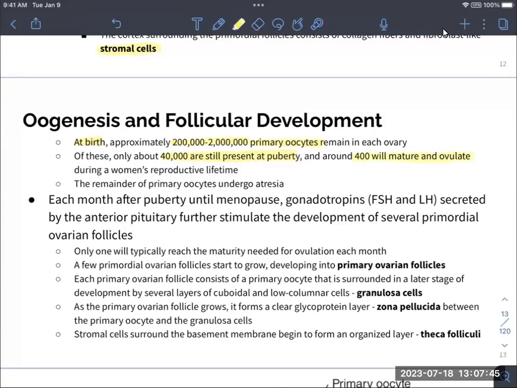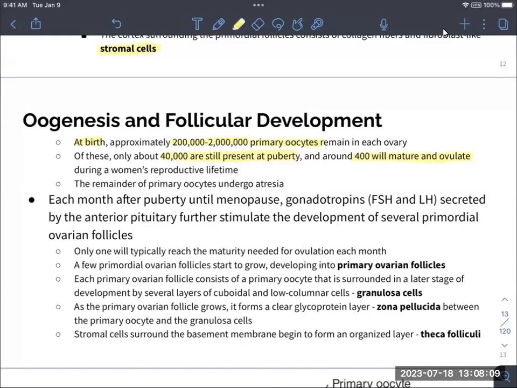So each month after puberty, when menstruation starts and the reproductive cycle takes place up until menopause, when there's no longer a menstrual cycle, this reproductive cycle is no longer happening.